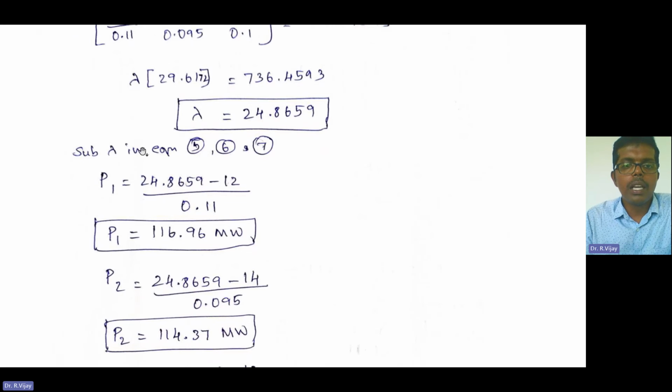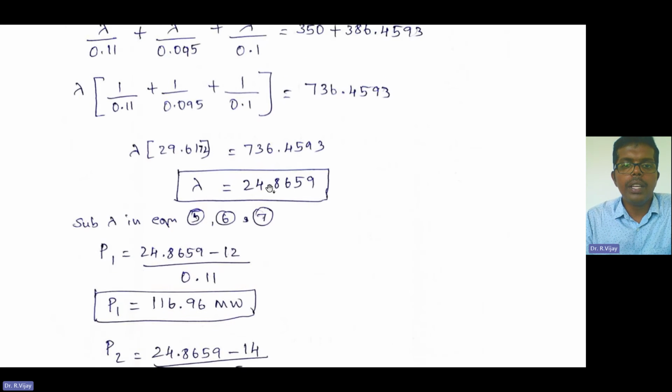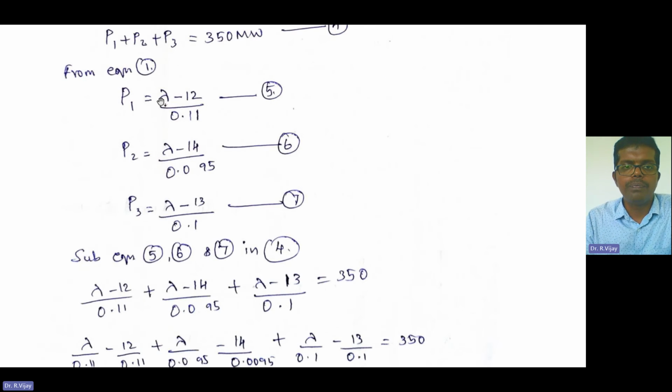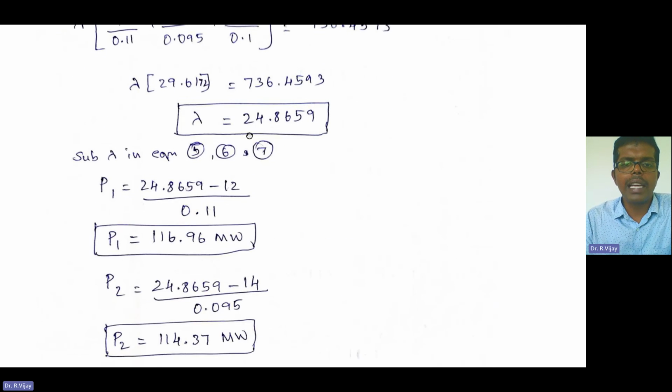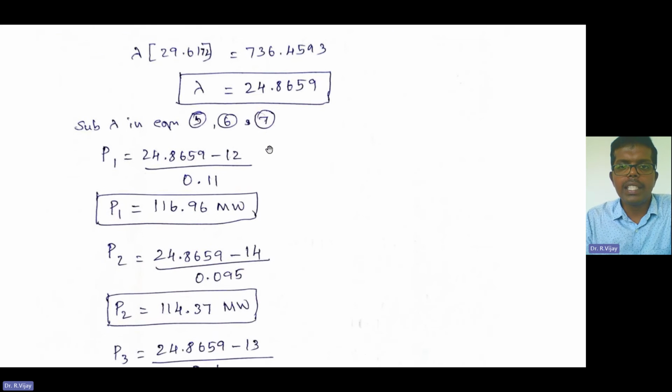P1 is from equation 5; just substitute lambda as whatever we calculated. As I said before, after the decimal, don't round off, take four digits.